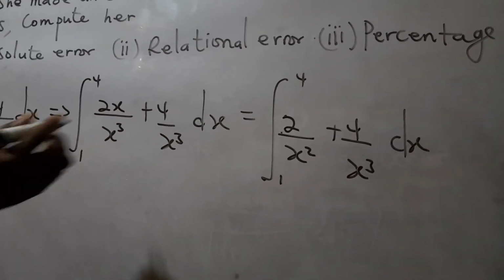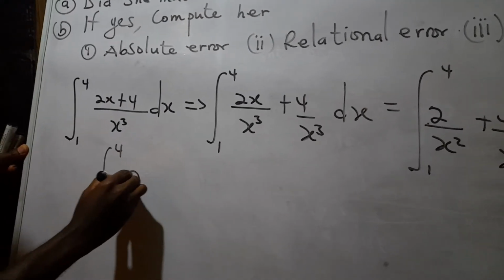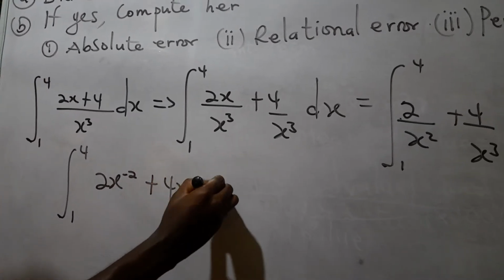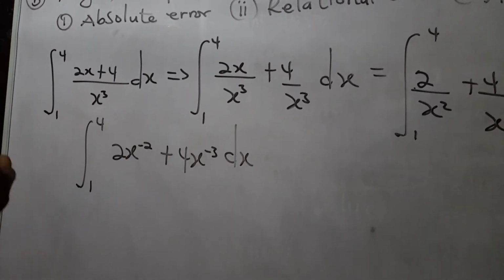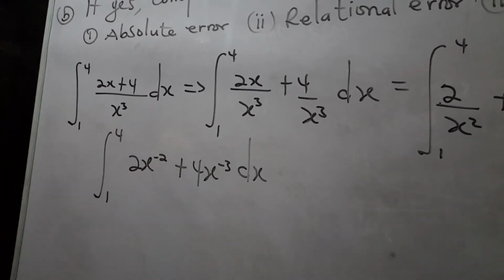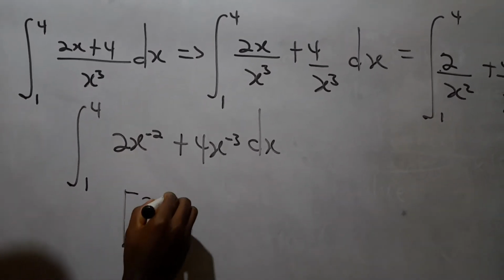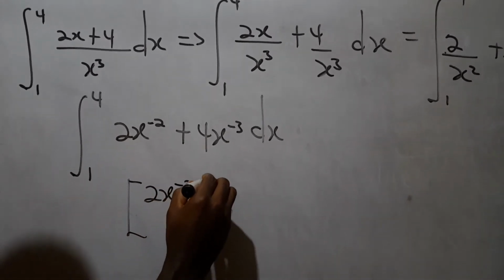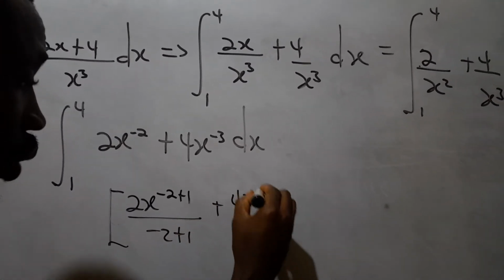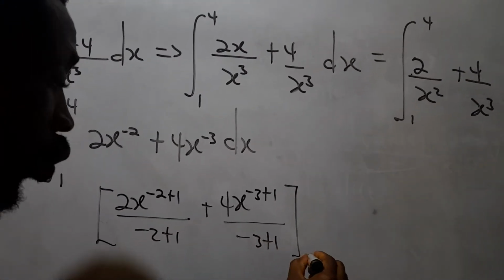Using indices, we can rewrite that as the integral from 1 to 4 of 2x exponent negative 2 plus 4x exponent negative 3 dx. Now we compute this. We integrate this term by term. So we add 1 to the exponent and divide the function by that result. So we have 2x exponent negative 2 plus 1 over negative 2 plus 1, then plus 4x exponent negative 3 plus 1 over negative 3 plus 1, spanning from 1 to 4.